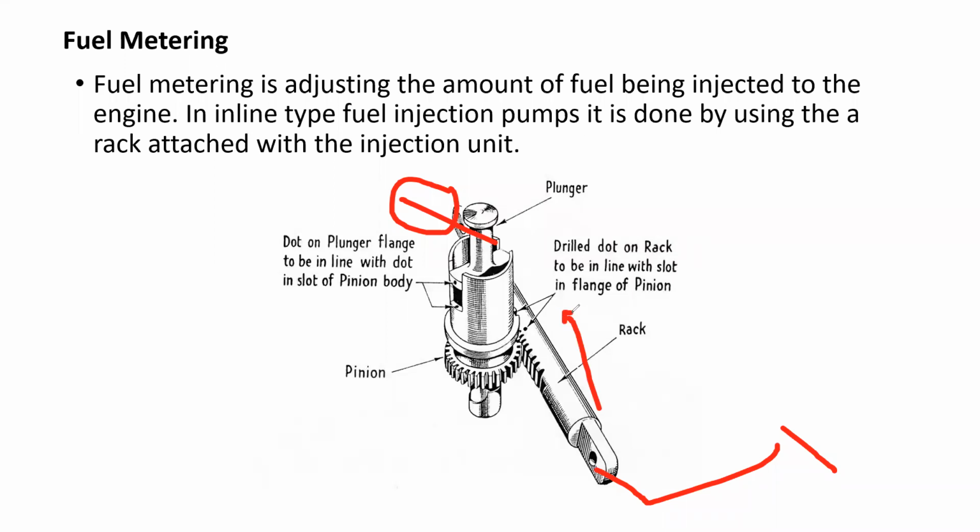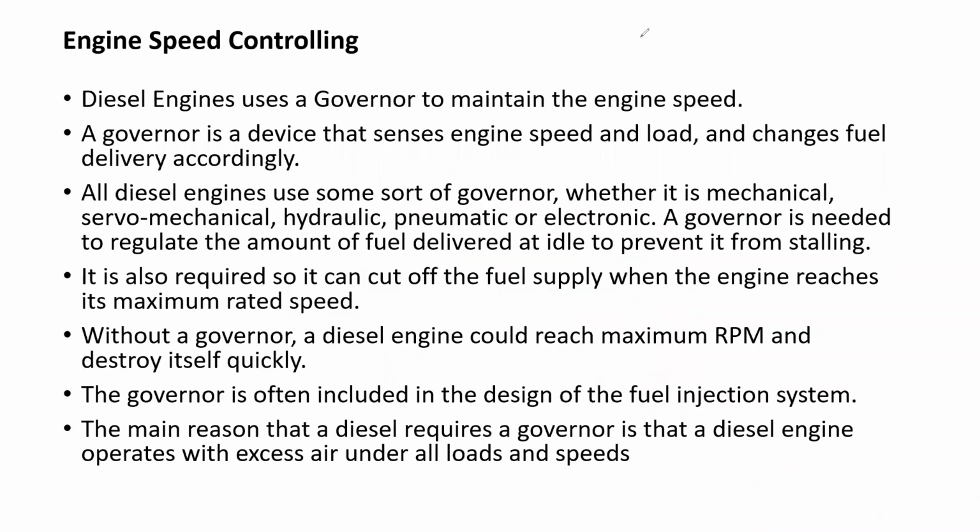Then the engine rpm drops again. Once it drops, the governor lets it go again. It comes back to its original position, increases the fuel, and it goes up. As soon as it exceeds the limit, again the plunger is pushed back, right? This happens all the time, and it controls the vehicle's speed, right?